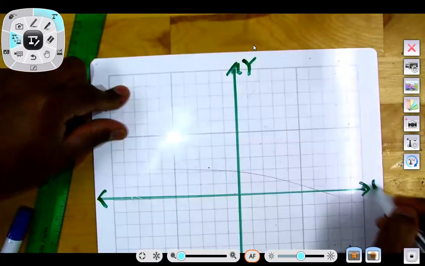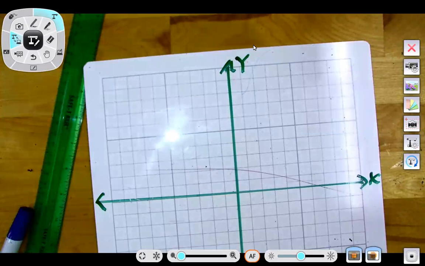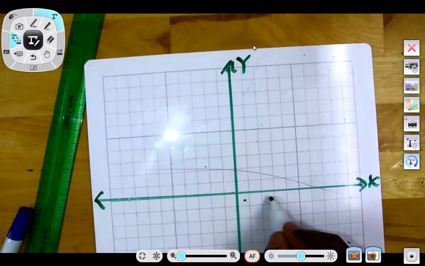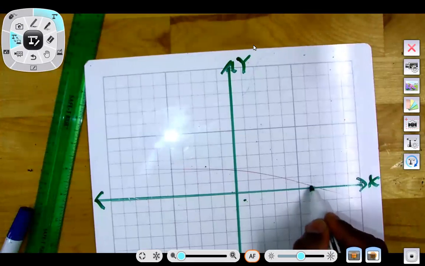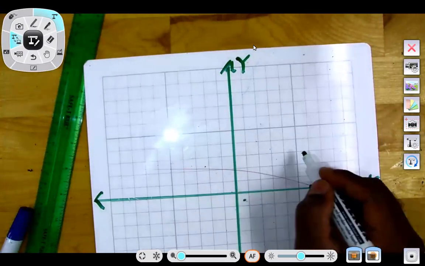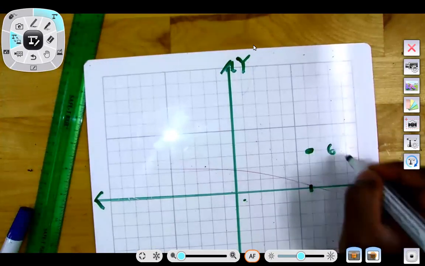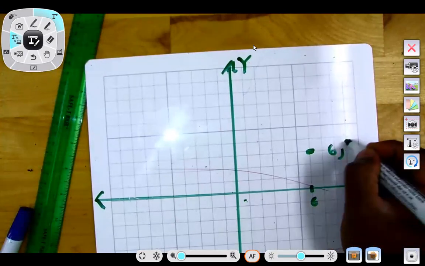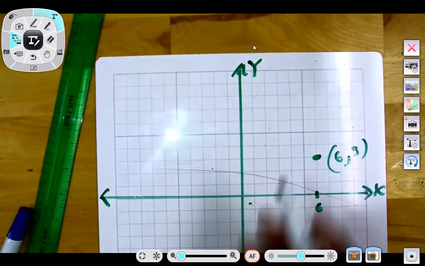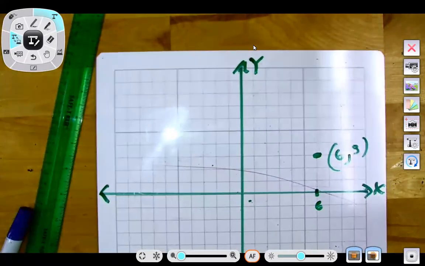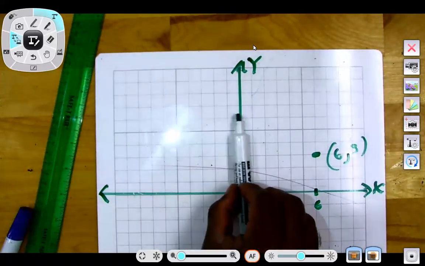Y, X. Okay. So let's say each grid is 1 unit. So 1, 2, 3, 4, 5, 6. 1, 2, 3. It's right over here. You have 6, 3.